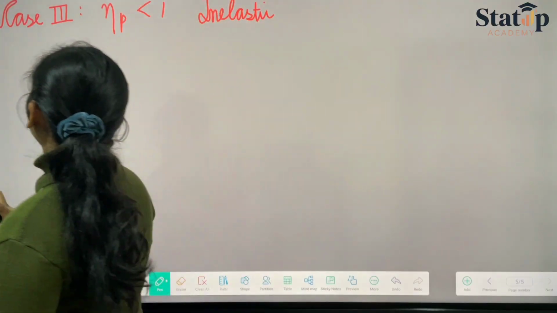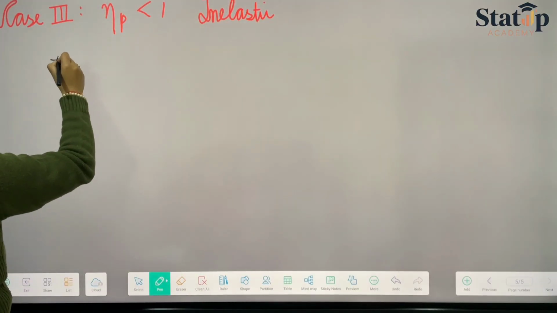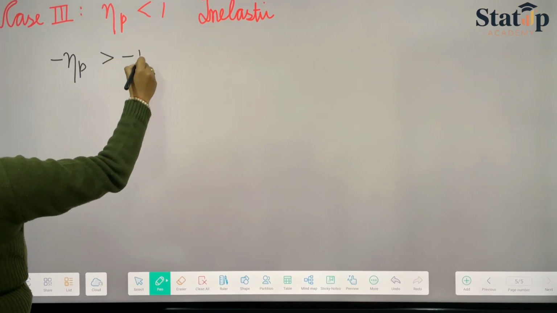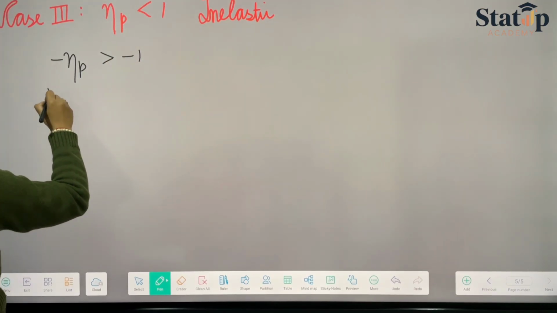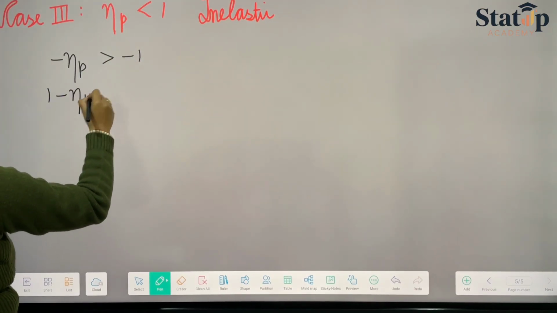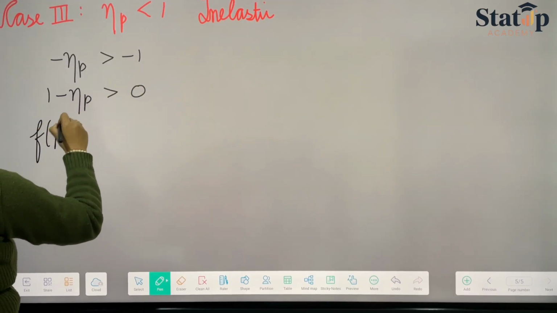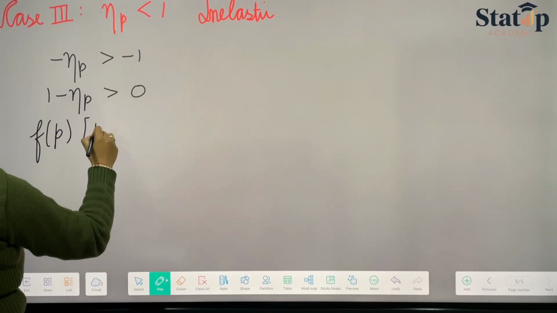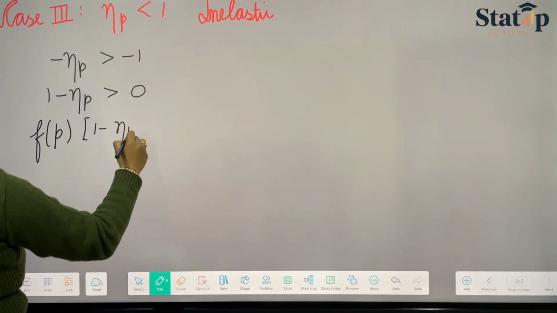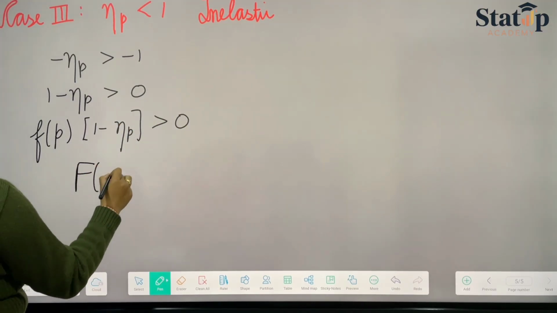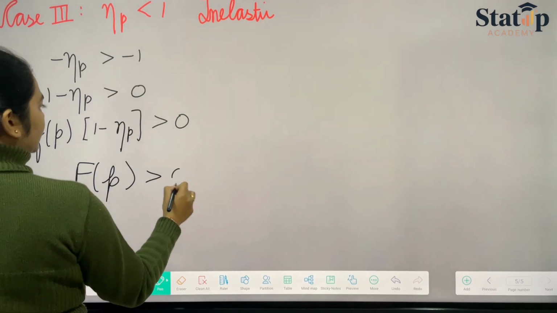Here we can say that if we multiply by minus on both sides and we add 1 to both sides in the second step, and we multiply it by small f(P), which is the demand function, then this is nothing but the formula of market turnover derivative, which is greater than 0.